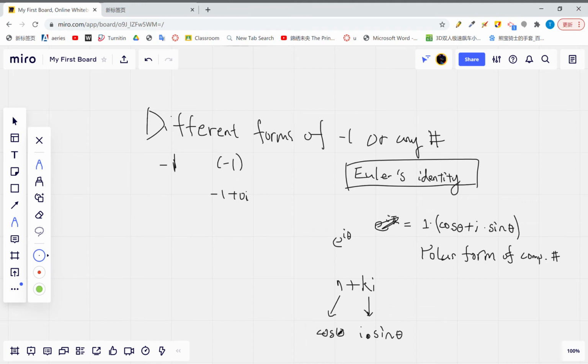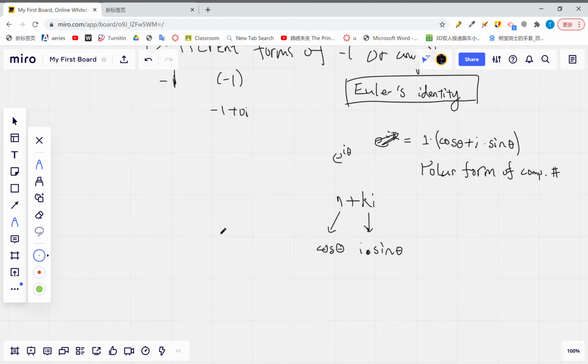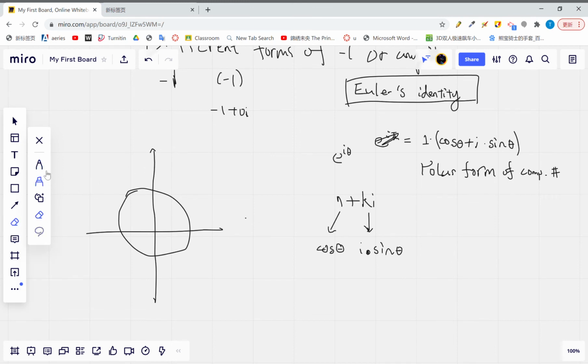Okay, and then how are we going to notice the unit circle? It's a pretty bad circle, right? This is on a complex plane. This is an imaginary line, and this is a real number line.